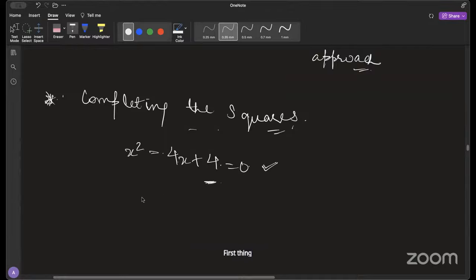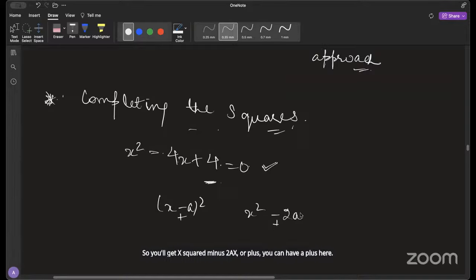First thing that you do is, so you have x square minus 4x. What we want to do here is, we know that when we have a square of something, x minus a, and then a square of it, you'll get x square minus 2ax, or you can have a plus here, plus 2ax, and then a square, right?